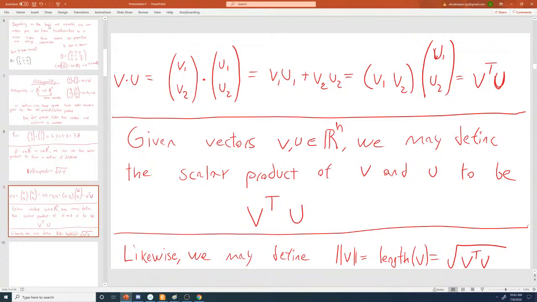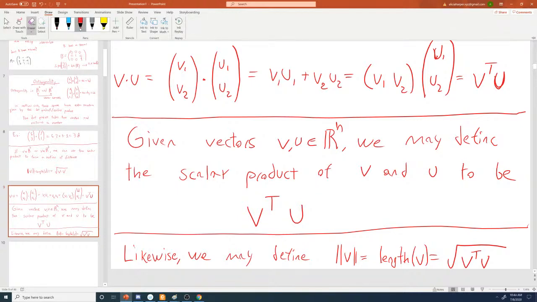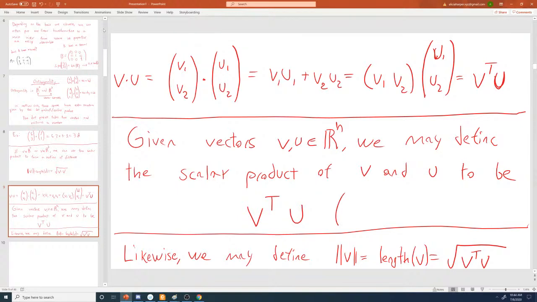I should emphasize here that this scalar product is defined for Rn, and so in particular it's defined using the standard coordinate structure on Rn. And so for various reasons, this is called the standard scalar product. In some sense, because it corresponds to the standard basis.